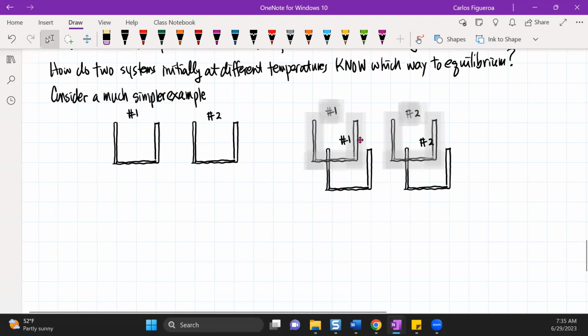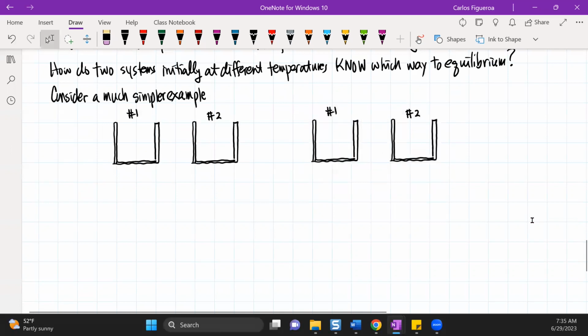So now I have my containers fixed, and I'm going to have red marbles in 1. Let's say I have just some random number of marbles like this, and this number here is the number n, the initial number in the container.